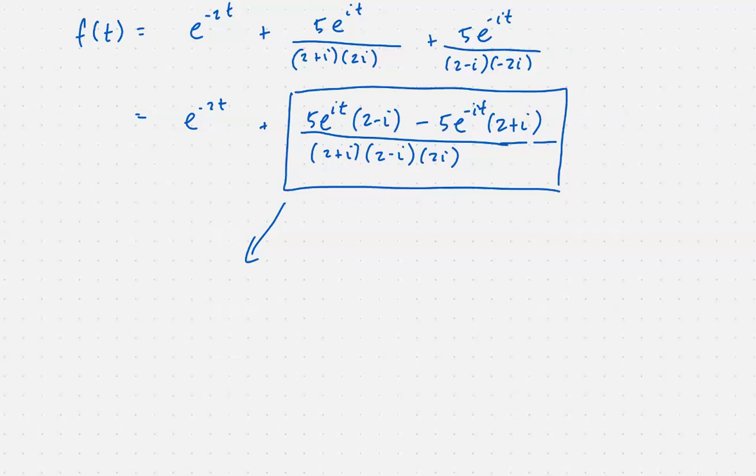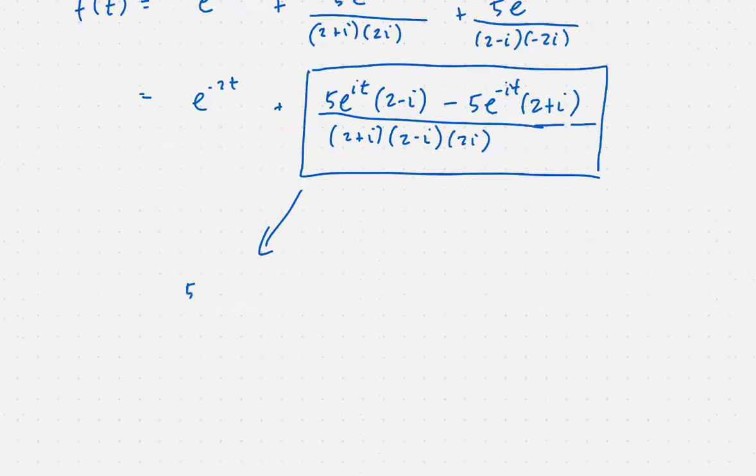So we multiply this by 2 minus i. So we're going to have 10. We multiply 2 first. So 10e raised to it, minus 5i e raised to it.